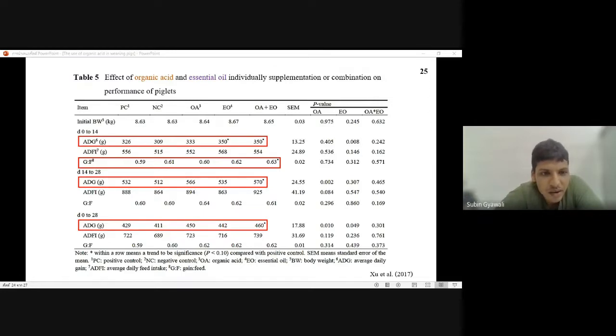So how do you explain the relation between essential oil and organic acid individually, not in the combination, for the 0 to 14 days and 14 to 28 days? Do you get my question?